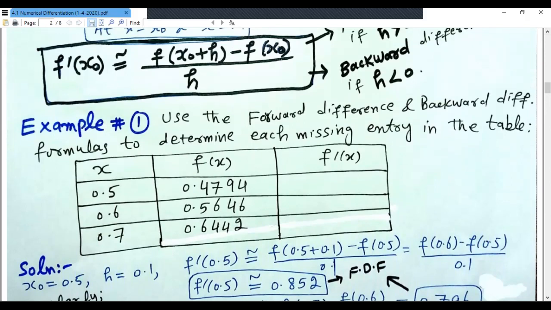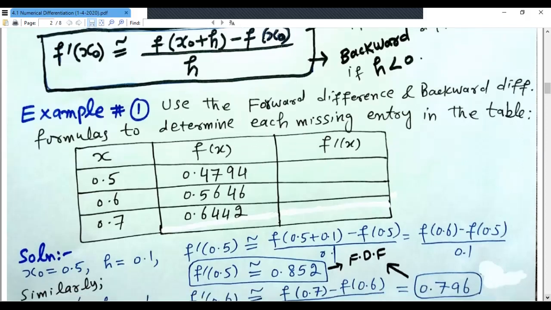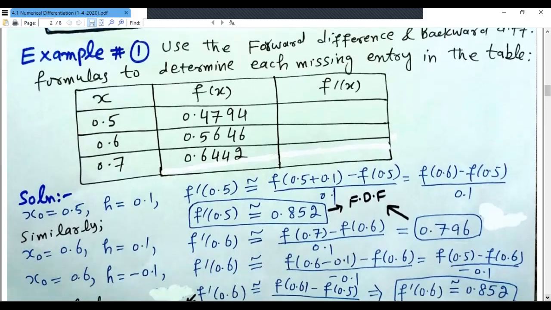F dash of 0.5 will be f of 0.5 plus h minus f of 0.5 divided by h, putting the values of x naught and h in this formula. And this is of course forward difference formula. And the answer is 0.852.